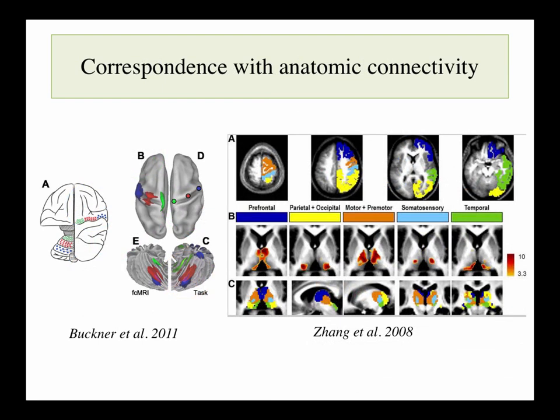In terms of the correspondence with the anatomy, it's very likely that the anatomy will exert a strong influence on the types of patterns of functional connectivity that we see, since it's constraining the propagation of activity in the brain.